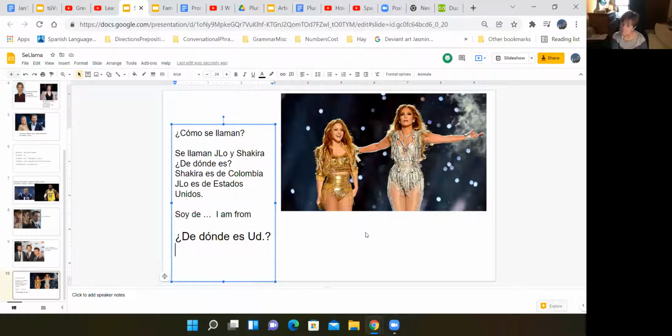Estados Unidos is the country, which gets capitalized if you write it. Soy de Estados Unidos. And that de word means from. So de gives you the country. Or the nationality, not the country, which doesn't get capitalized in Spanish.